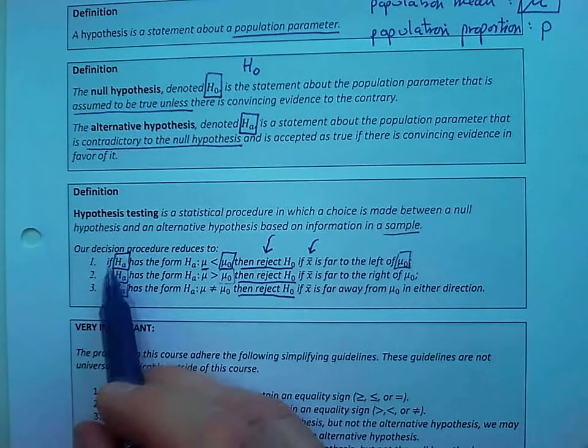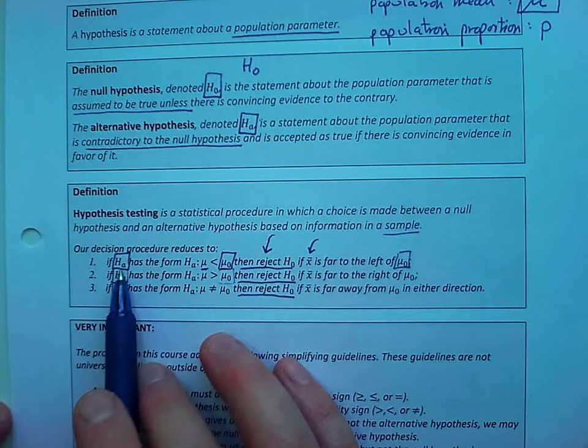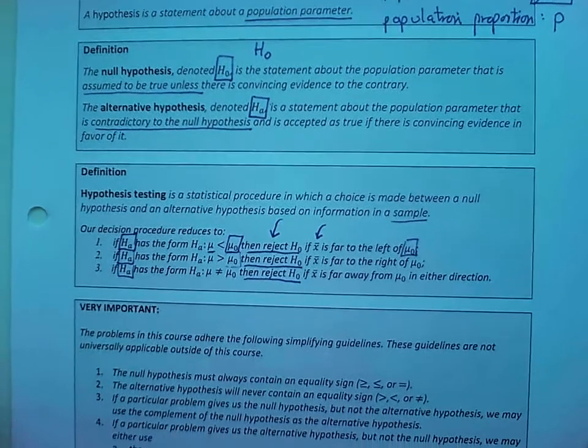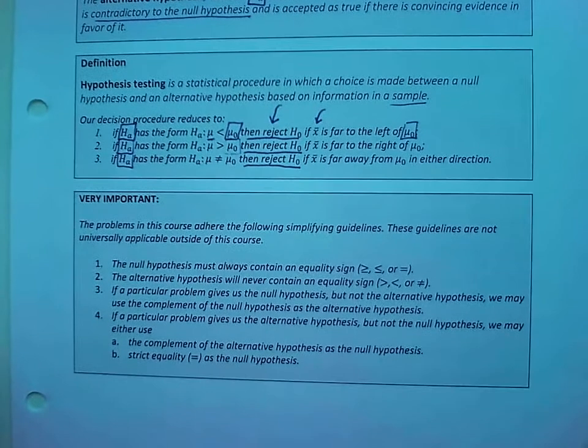So we're going to look at our alternative hypothesis. We're going to do some stats and math to it. We're going to look at the alternative hypothesis in order to determine whether or not we're going to reject the null hypothesis. If that's the only thing you're taking away with that so far, you're good to go. We're going to keep backtracking to this definitions box. And later on, once we start doing numerical examples, it's going to become a lot clearer.